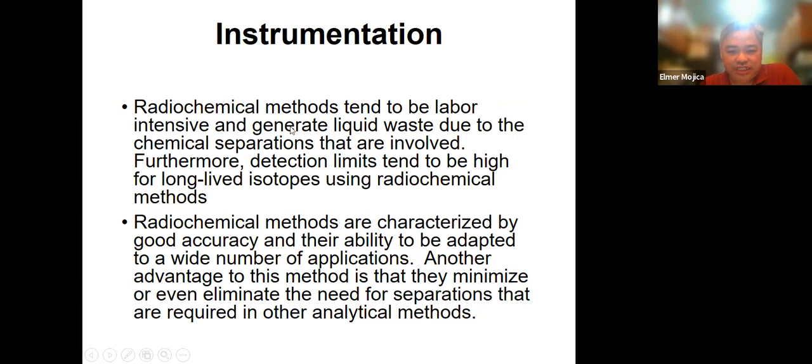Another thing is that it is labor intensive and generates liquid waste when you have separation. And the detection limits tend to be high, especially for isotopes with a long half-life.